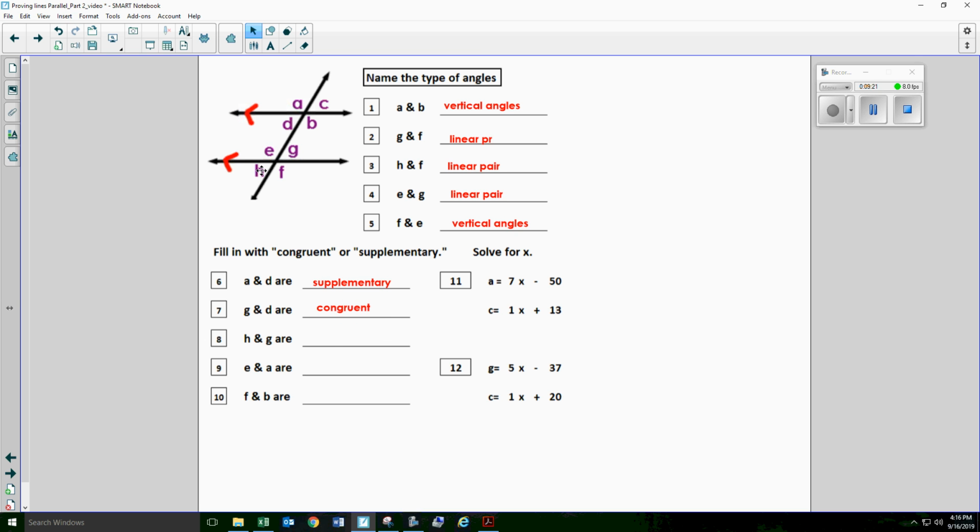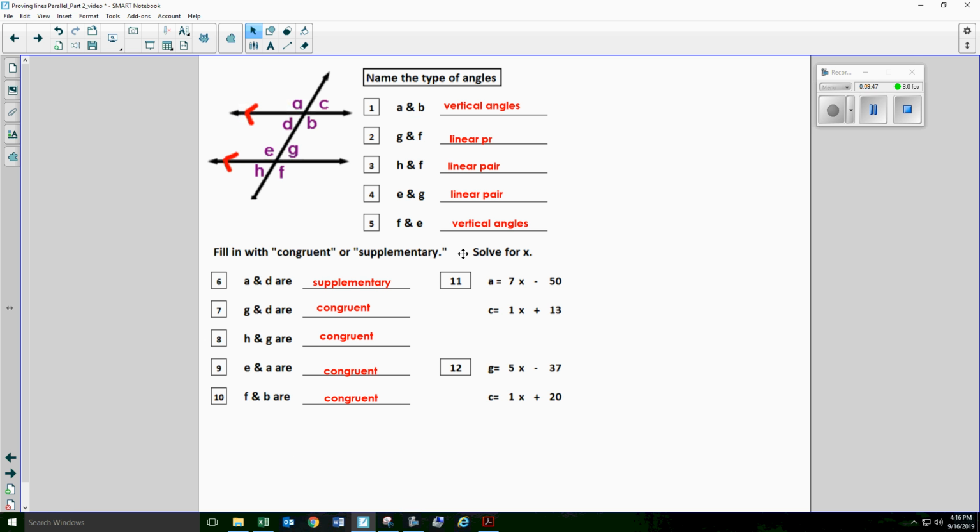H and G are vertical angles, which means they are congruent. E and A are corresponding angles, which means they are congruent. And F and B are corresponding angles, which means they are congruent.